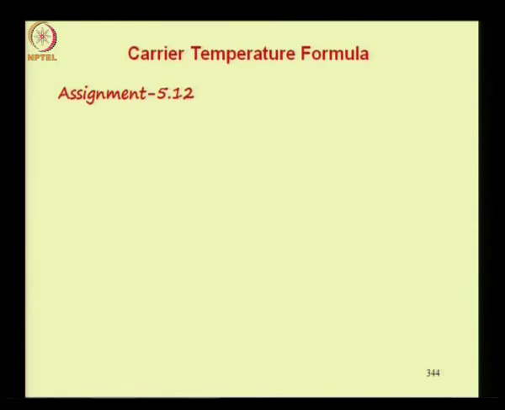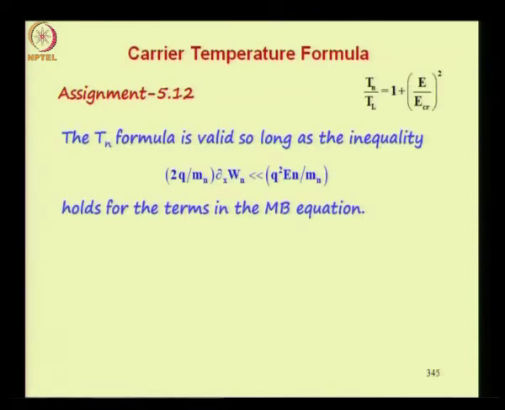So the assignment is as follows: the Tn formula is valid so long as the inequality 2q by mn, which is the effective mass of electrons, into the spatial gradient of Wn is much less than q square E into n, which is the electron concentration, divided by the effective mass of electrons. So long as this inequality holds for the terms in the momentum balance equation.